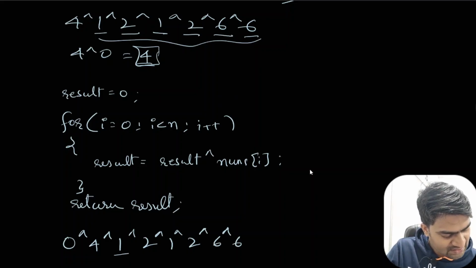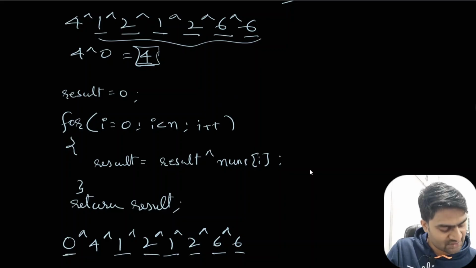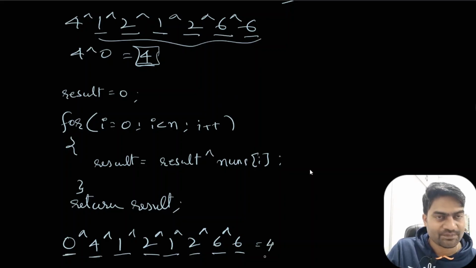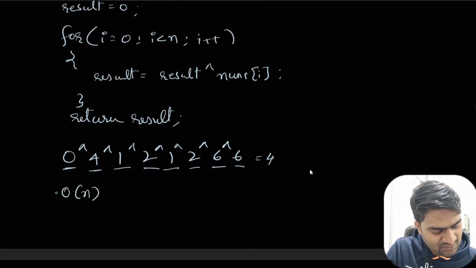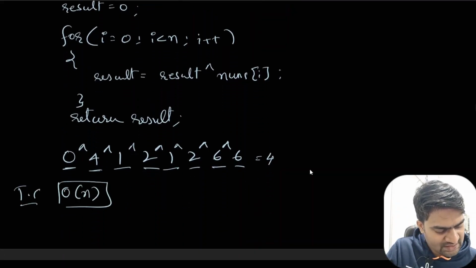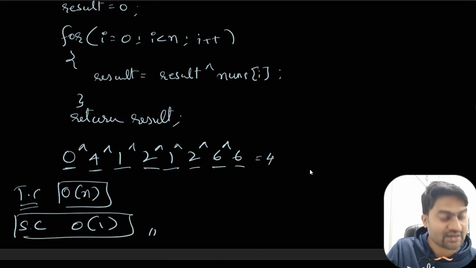In that case, 1, 1 will end up giving you 0. 2, 2 will end up giving you 0. 6, 6 will give you 0. Zeros together with the remaining 4 will give you 4. So if you see, this is the most optimal. This uses order of n time complexity and space complexity of order 1. So this is the most optimal solution for this particular problem.